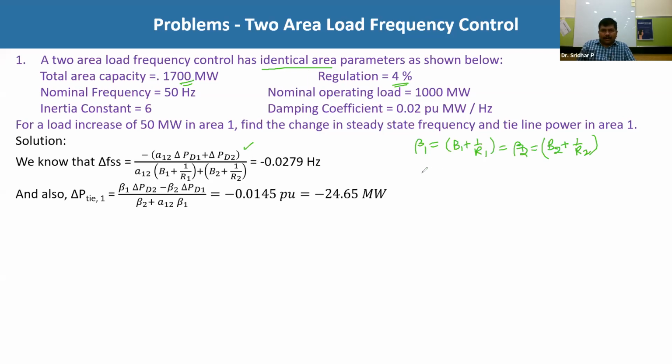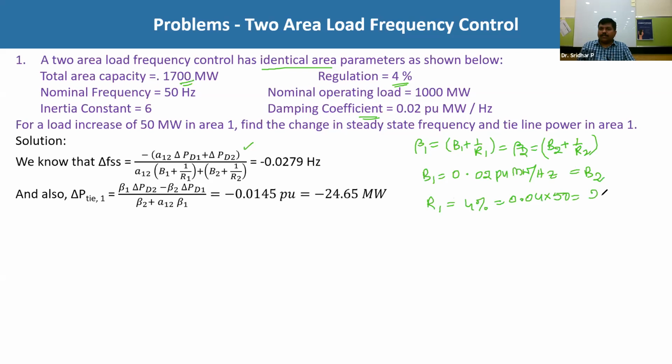Here the B1 value is given, the damping coefficient is 0.02 per unit megawatt per Hz. So B1 is also equal to the B2 value. And whatever the R1 value, only the regulation is given. This is just 4%, the regulation. So 4% of what? So 0.04 into 50, because the frequency is 50. So 0.04 into 50.